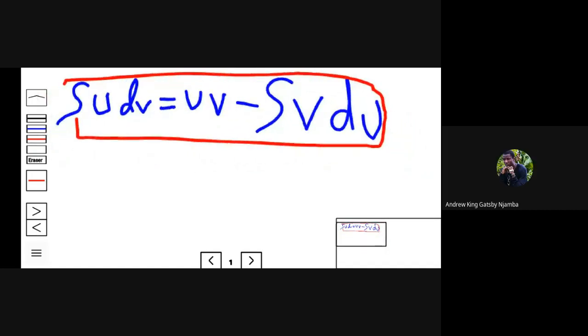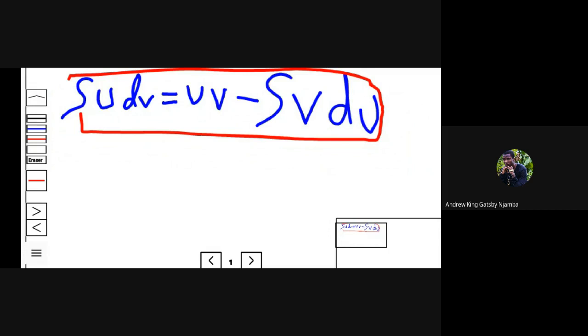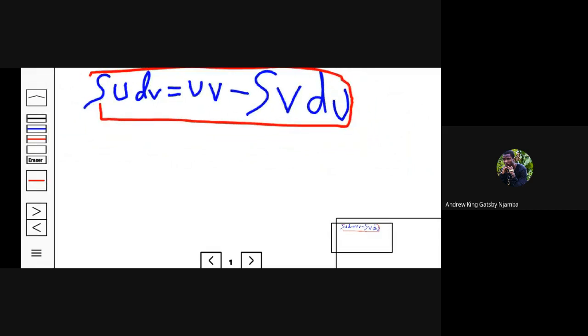So the first thing you need to do is to pick your u. When you are picking your u, you use the mnemonic LATE, meaning the L stands for logarithmic expressions, the A is for arithmetic algebraic expressions, the T is for trig, and the E is for exponential functions.